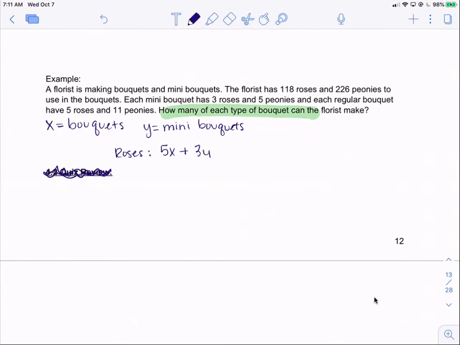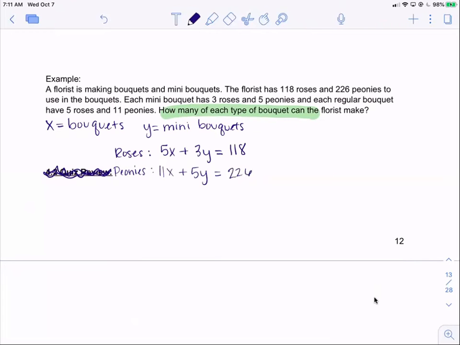So 3y equals the total number of roses, which is 118. Okay. Now looking at our peonies. Our regular bouquet has 11, plus our mini has 5, for a total of 226.